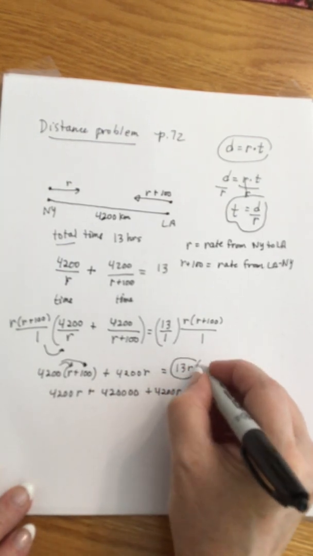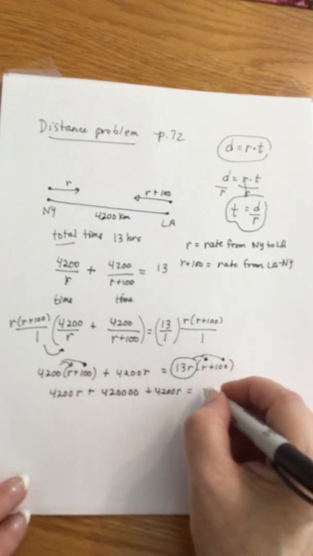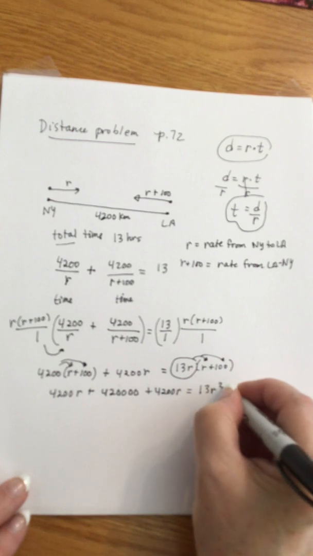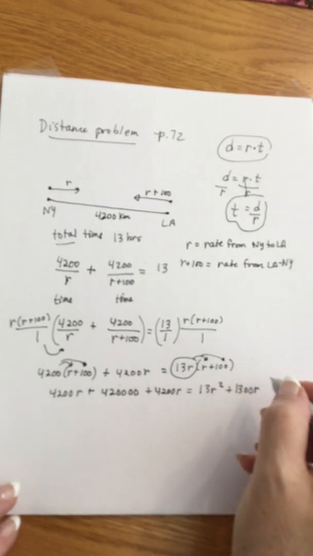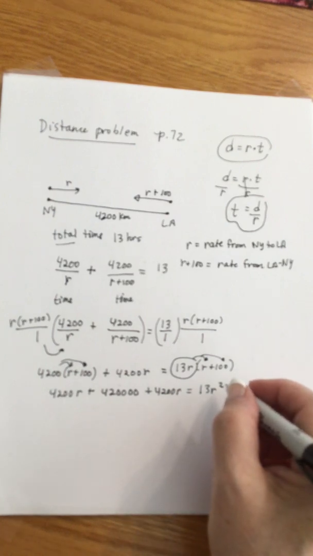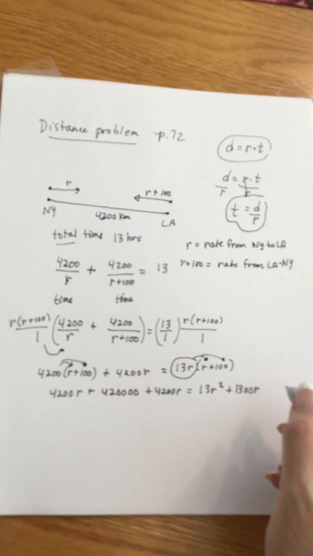This 13R now is multiplied into both of those, so we get 13R squared plus 1,300R. Now, because we have a squared term, that makes this a what kind of equation? Makes it a quadratic equation.